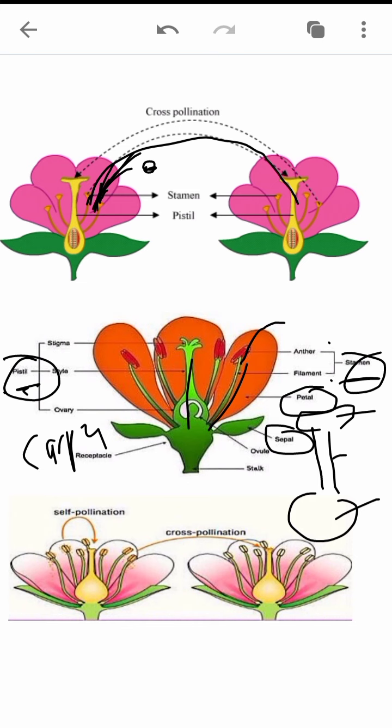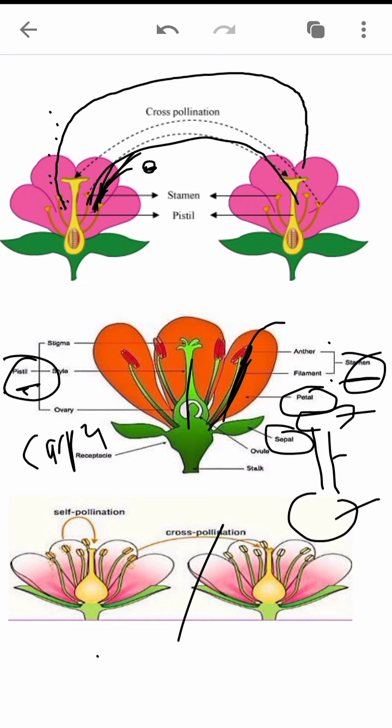Whenever a pollen grain, a small grain which is released from this tube, is transferred to the female reproductive part, the gynoecium, then it is called pollination.